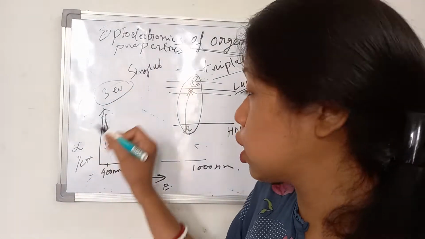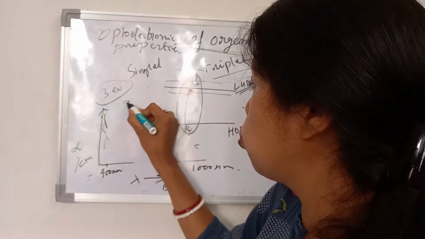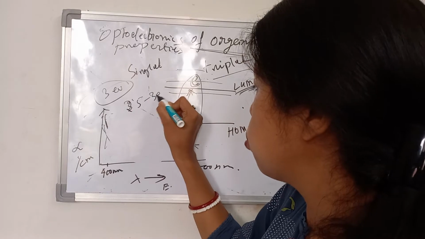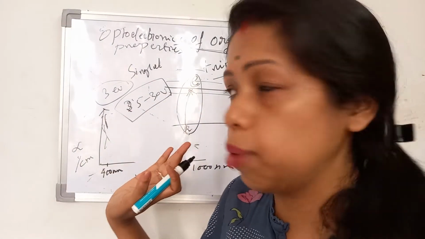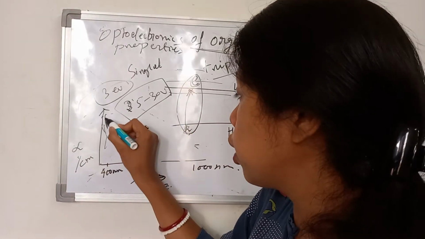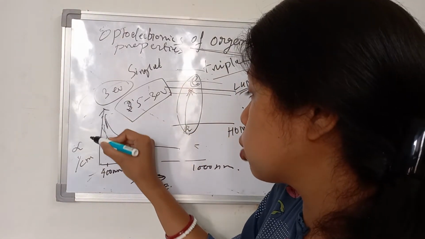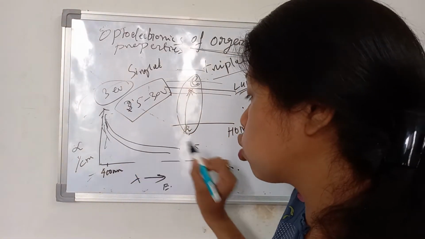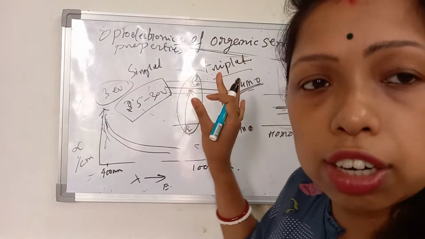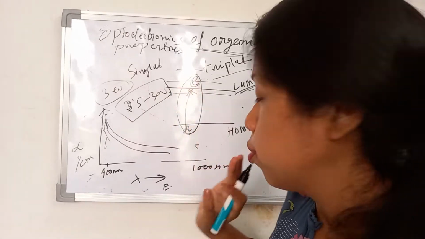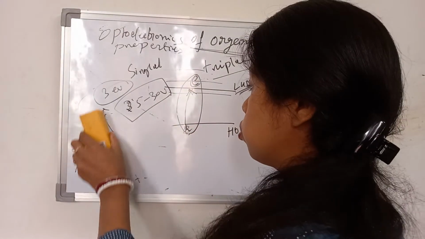Most inorganic semiconductors have this band gap. That's why we get this exponential behavior for inorganic semiconductors. Only one transition will be there.